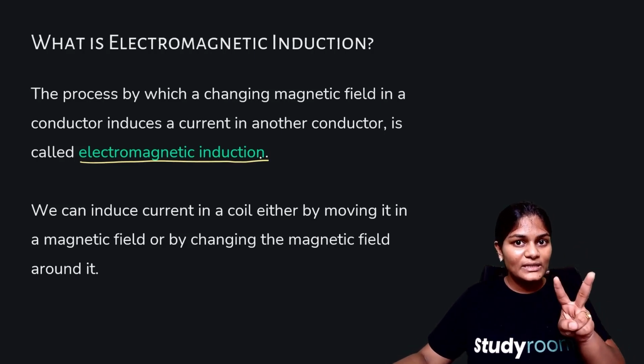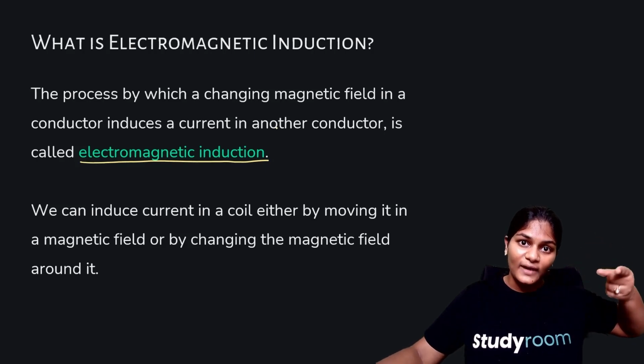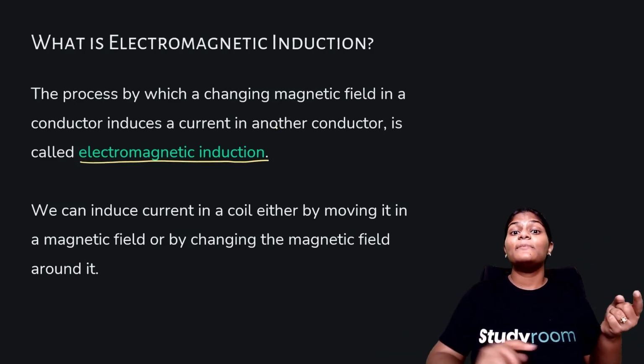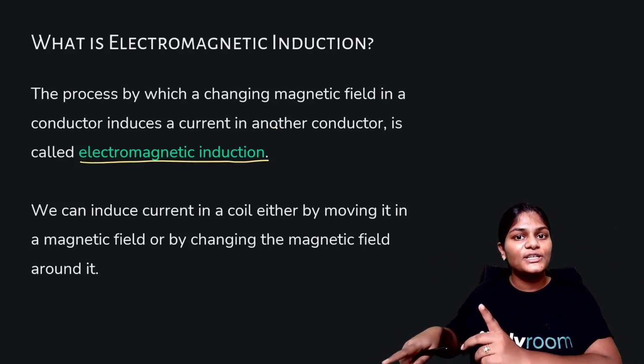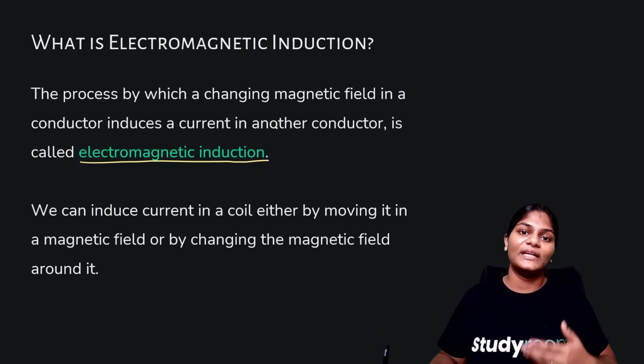So what happened in the second experiment that we did? We changed the current in coil 1, and because of that the magnetic field in coil 1 changed, and because of this changing magnetic field in coil 1 a current is induced in coil 2. This process is known as electromagnetic induction.